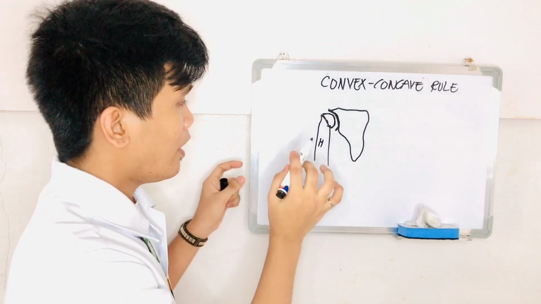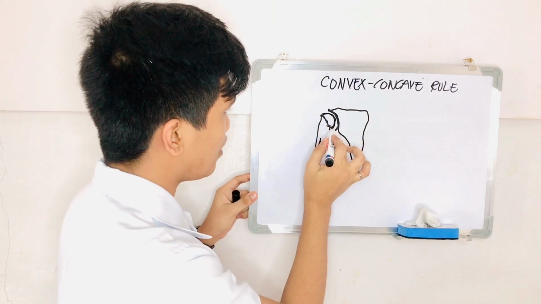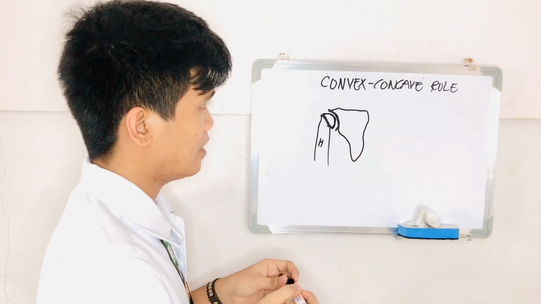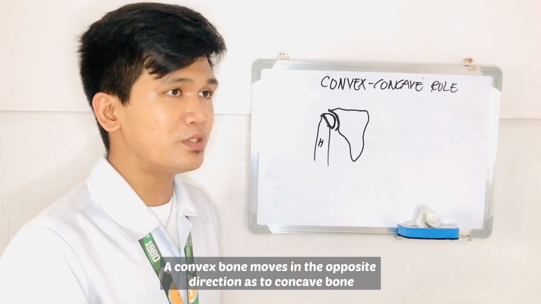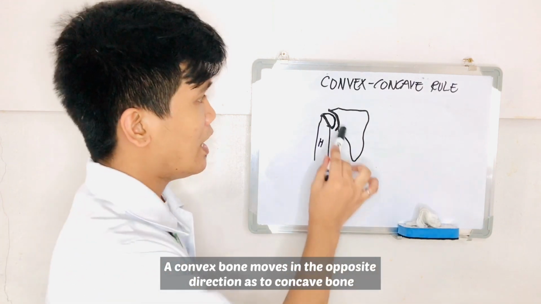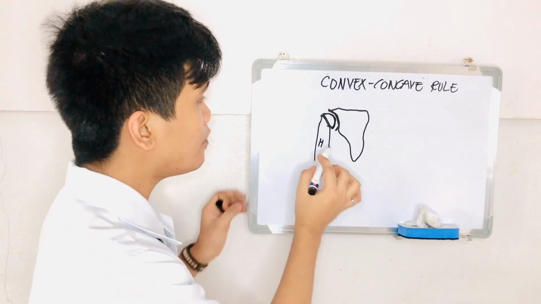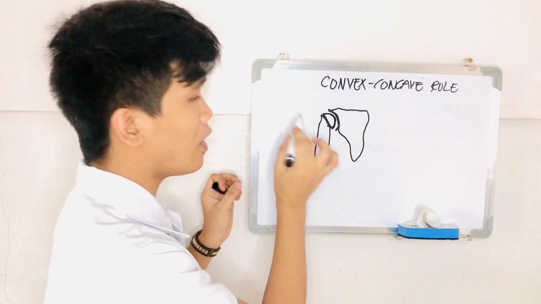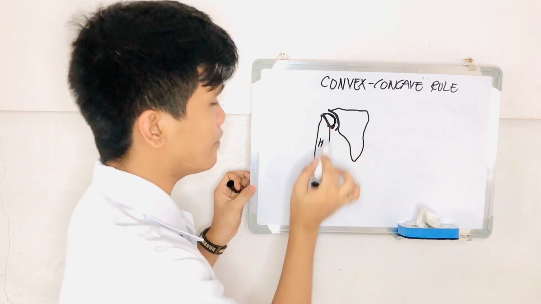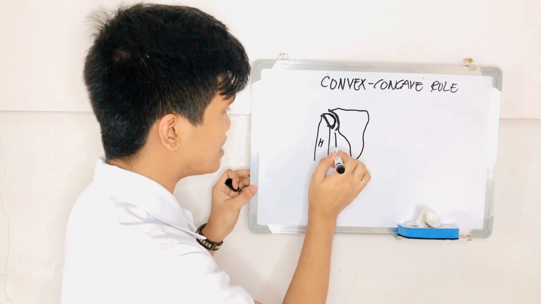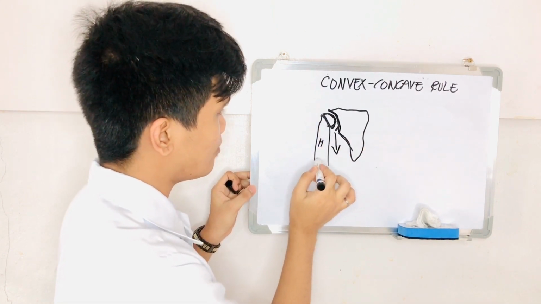So, according to this rule, since the humerus has a convex humeral head, it means that a convex bone moves in the opposite direction as to the concave bone. Therefore, if you will move your shoulder into abduction, the humeral head, which is convex, will move opposite to the direction of the glenoid fossa and the humeral shaft.